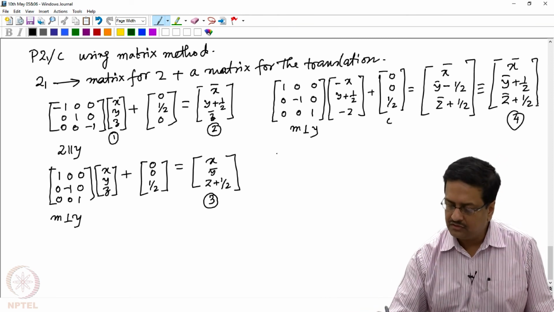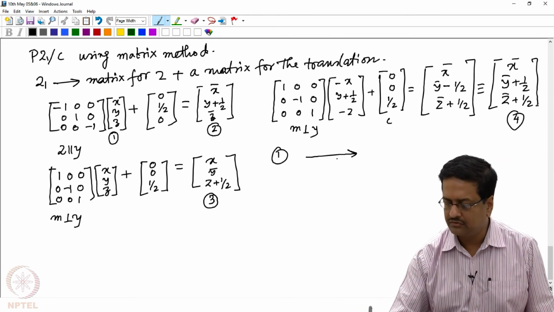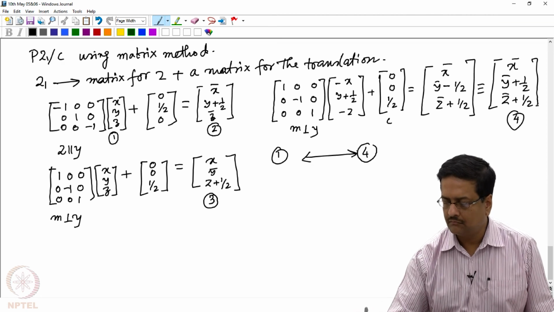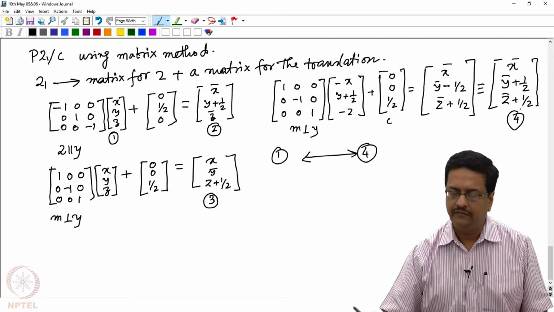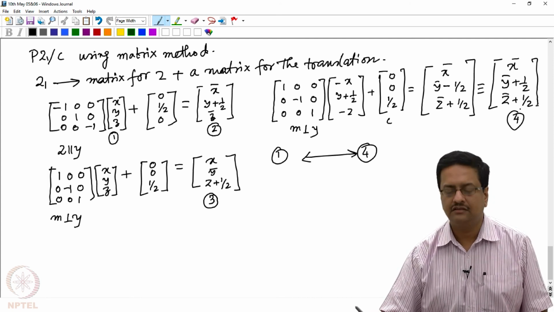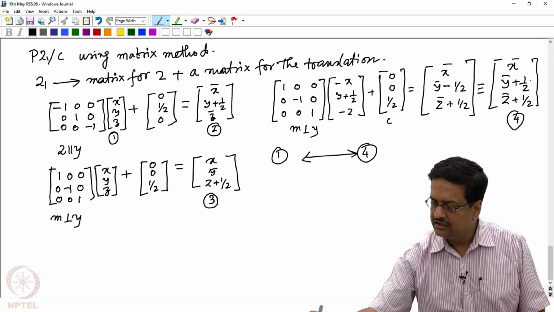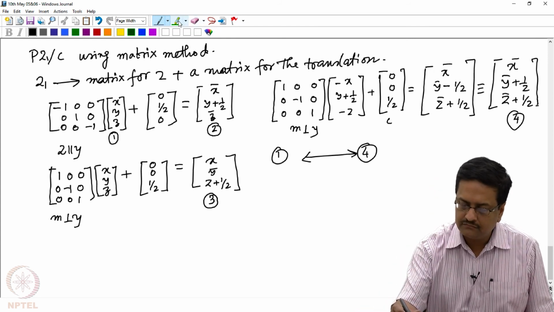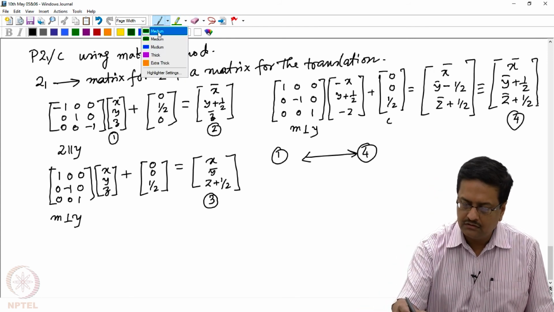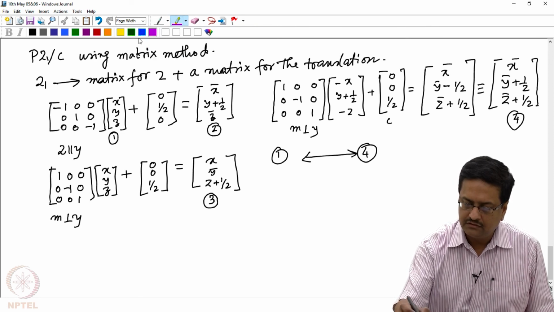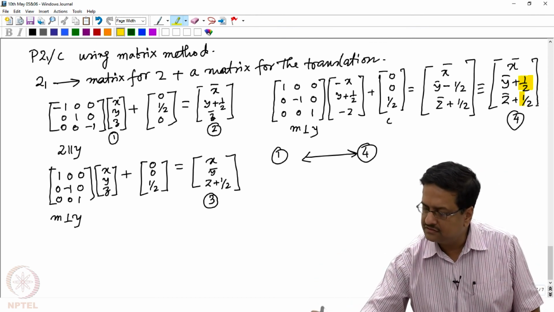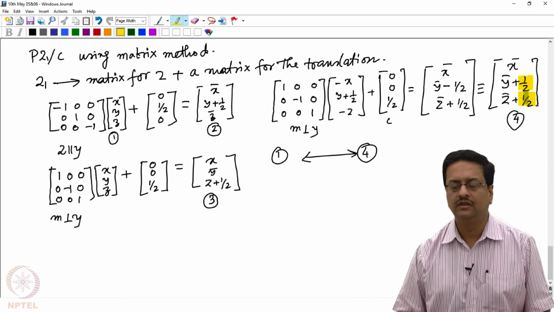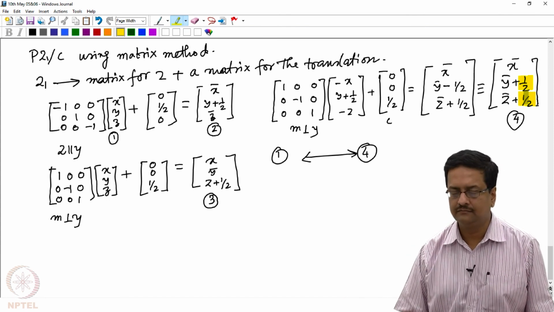So, if I look at now the points 1 and 4, they are inversion related, but the half translation is observed both along y and z.